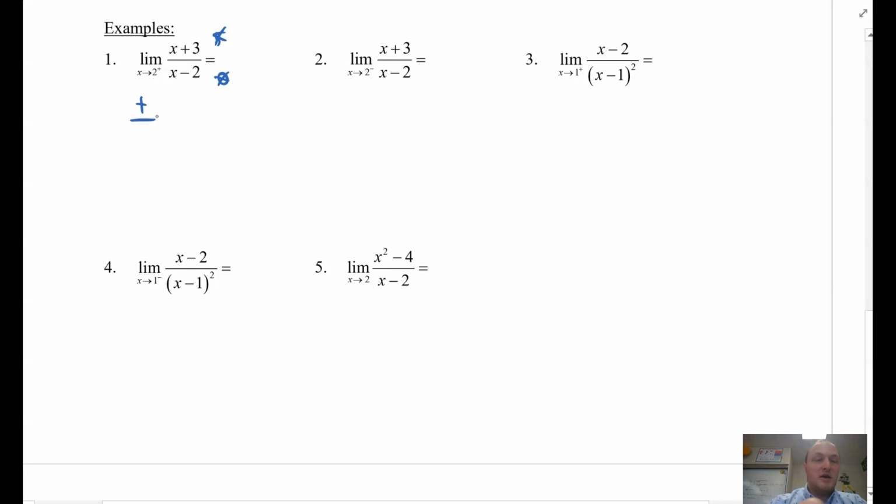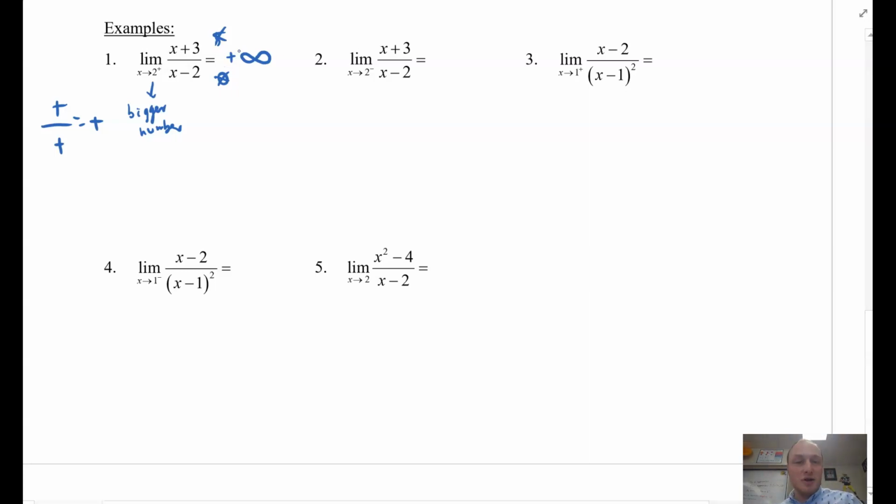When I plug in 2 from the right, this means you're looking at a number bigger than 2. A slightly bigger number than 2, take away 2, is going to give you a positive value. So what we get here is positive infinity. The limit approaches positive infinity.